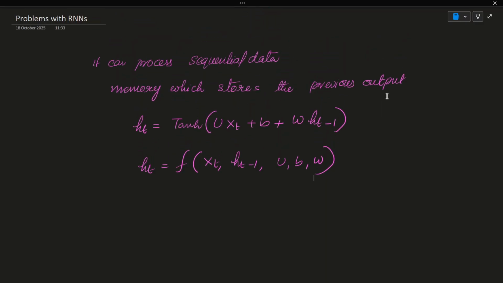But the problem is when you have long sentences. For example, here you have h1 coming in, then h2, h3, then you have some h100. So by the time you reach h100, remembering h1 is entirely difficult.